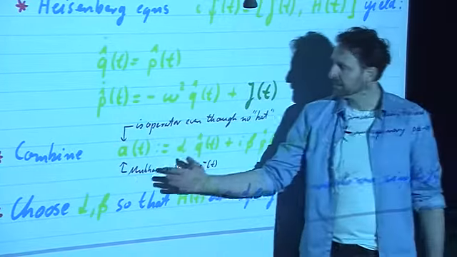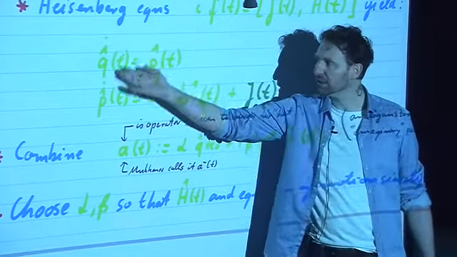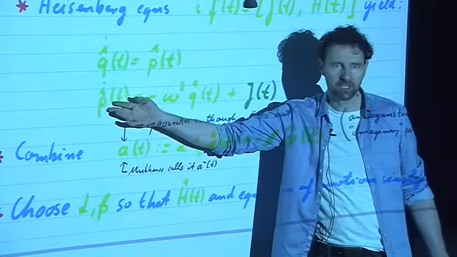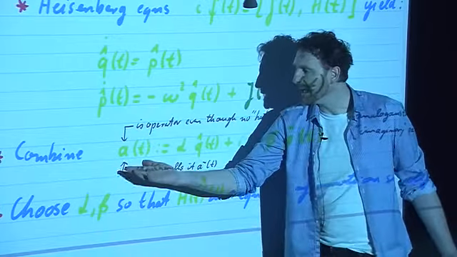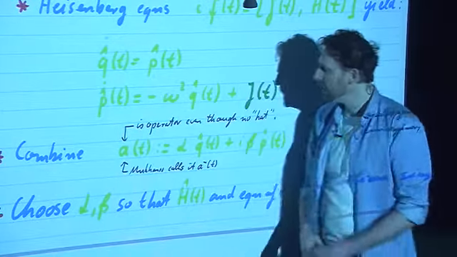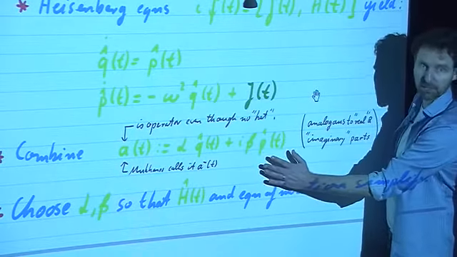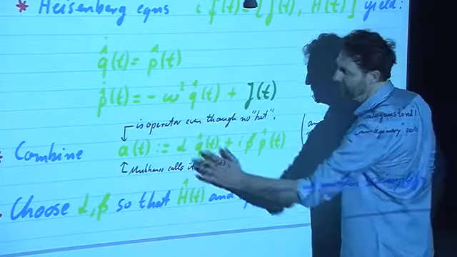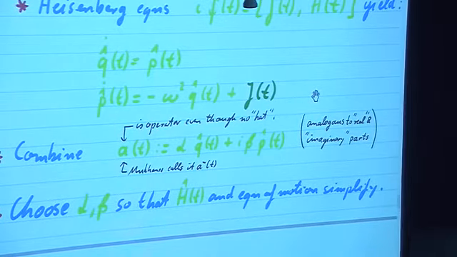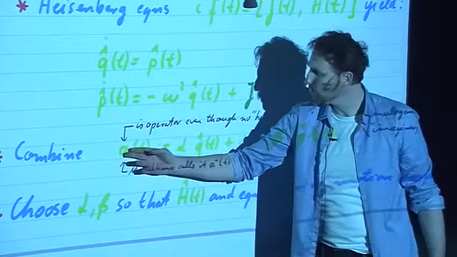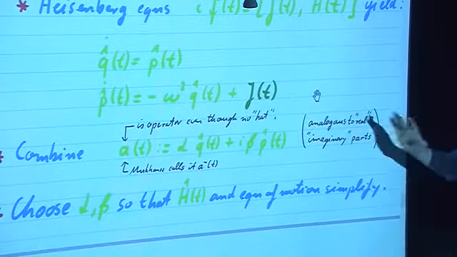And the overall idea is that instead of calculating the equation of motion for q and the equation of motion for p separately, we just define a variable A of t that has q as its real part and p as its imaginary part. That has q as its self-adjoint part and p as its anti-self-adjoint part. So for now, A of t is just a tool to deal with both simultaneously, with q and p simultaneously.